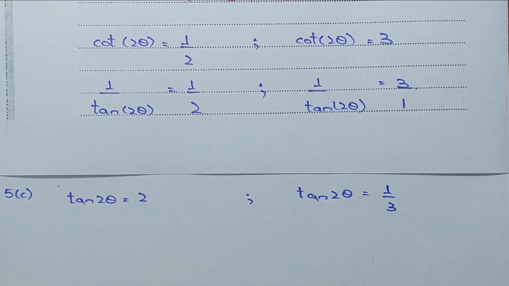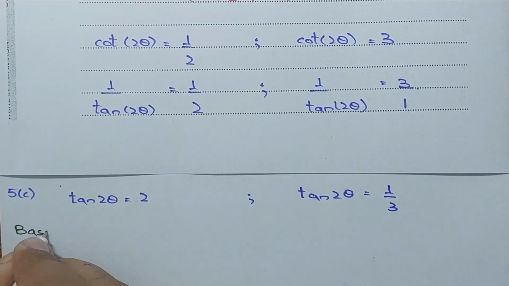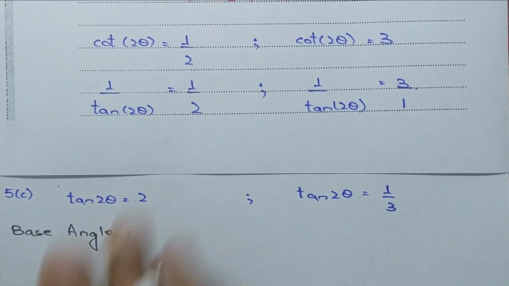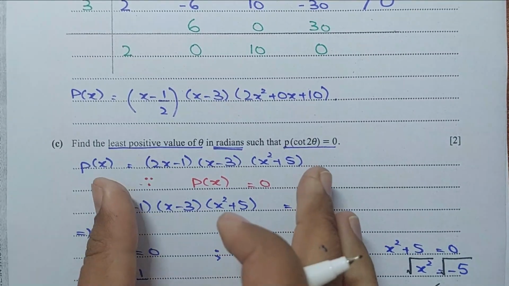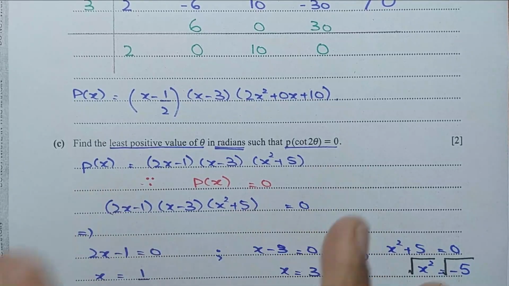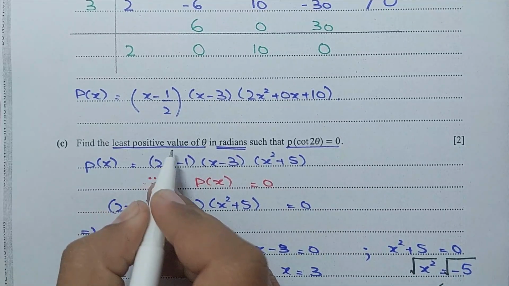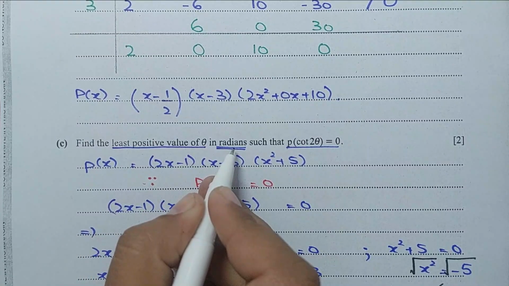Now here we have to figure out the base angle. We do not have any domain given. What is the range for theta? We just need to figure out the least value, and it should be a positive value of theta, and it must be in radians.